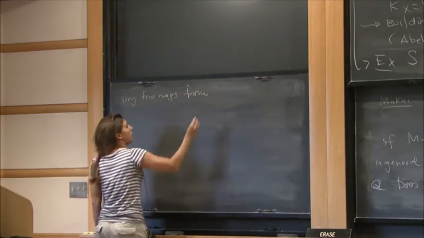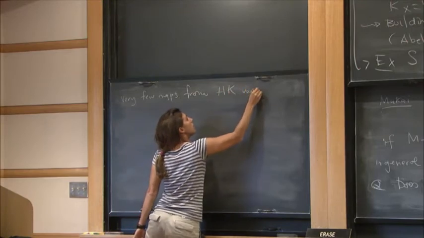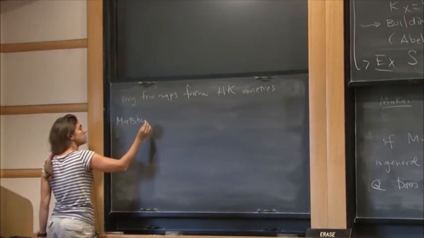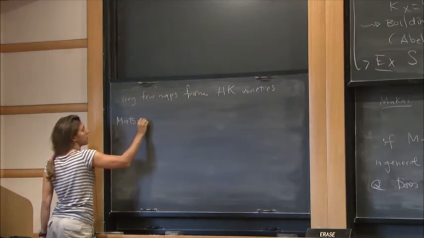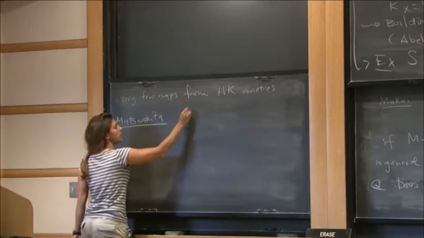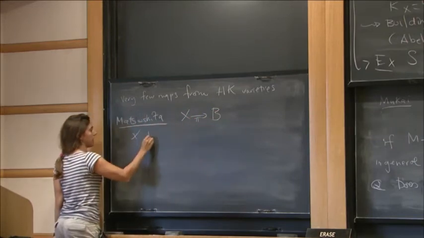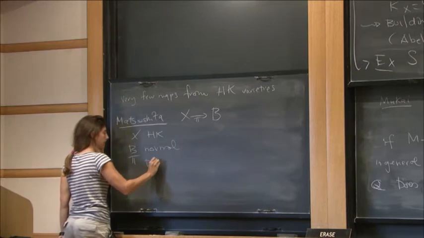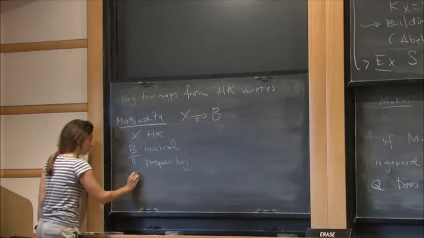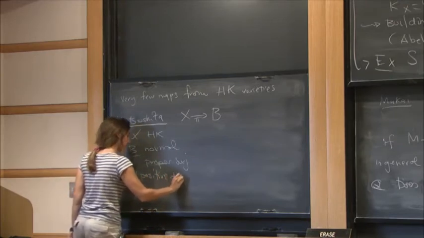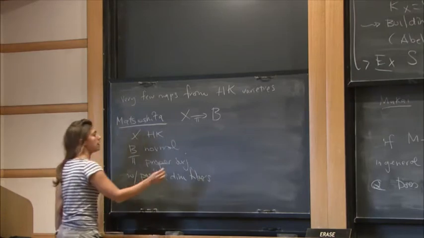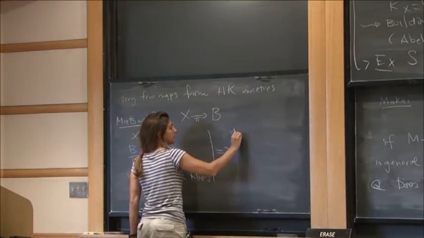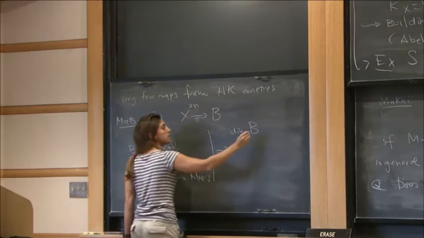from hyperkähler manifolds. And an instance is the theorem of Matsushita, which says that if X is a hyperkähler and B is normal and pi is proper and surjective with positive dimensional fibers, then something pretty amazing happens: if X was 2n dimensional, the dimension of B is equal to n.